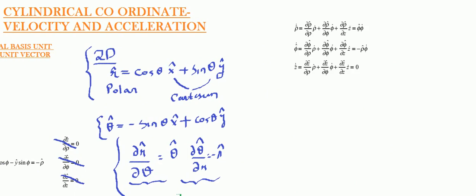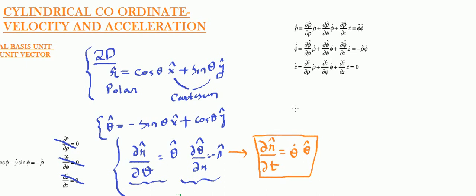Next is looking at the time derivative of the unit vectors. Let me remind you with an analogy that while calculating acceleration, we required the value of d r cap divided by dt. If you remember, d r cap divided by dt was found to be theta dot theta cap, and these terms were used in the acceleration calculation.